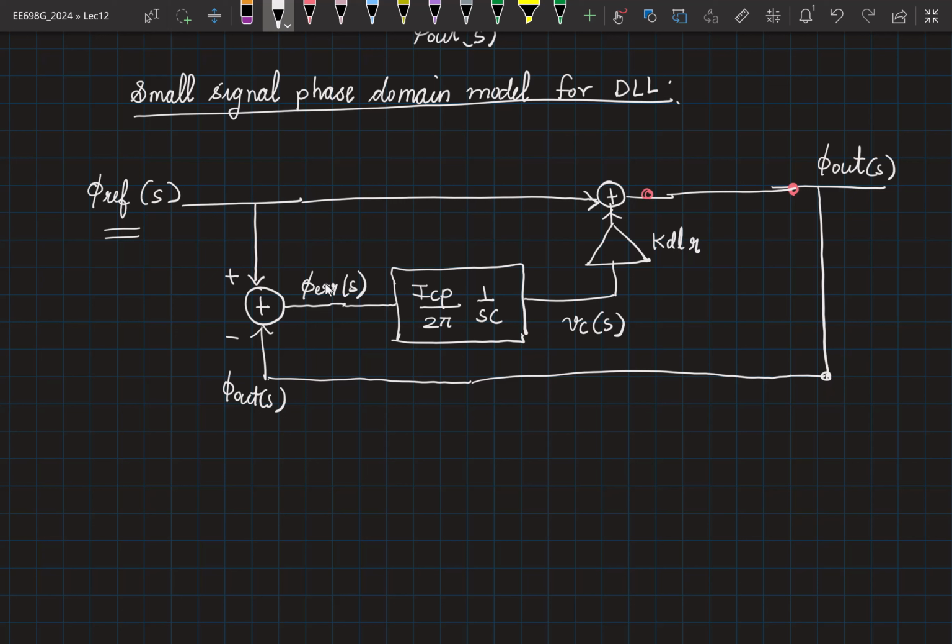The system should be able to respond quickly to the fluctuation so that it's able to rectify the error. So if your small signal phi F was changing very fast and you wanted your system to respond very fast, or it's not changing that fast but the response should be fast so that it's able to rectify the error.